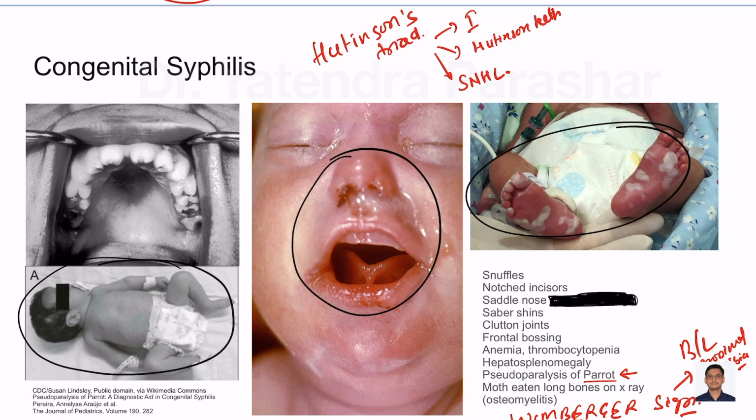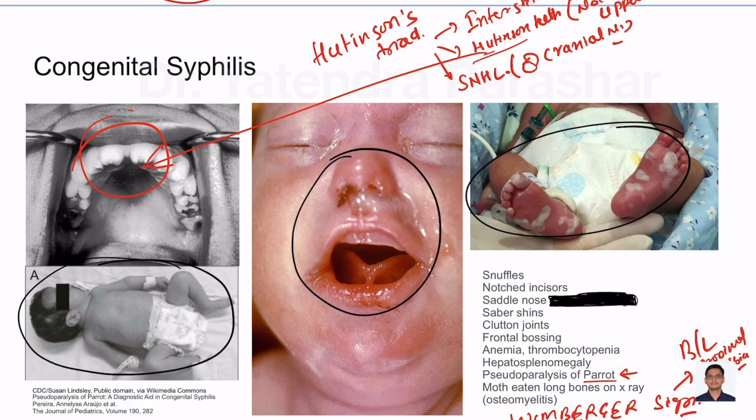Hutchinson teeth is the notched upper central incisor, like in this picture. These are the Hutchinson's teeth, and I is for interstitial keratitis. SNHL occurs due to the involvement of 8th cranial nerve.